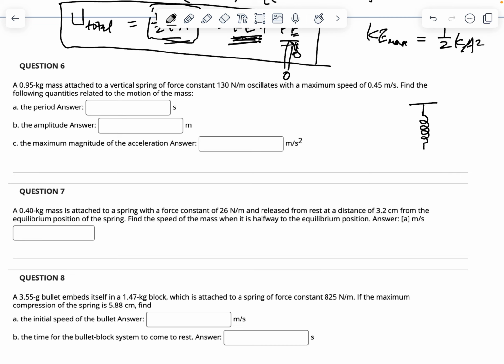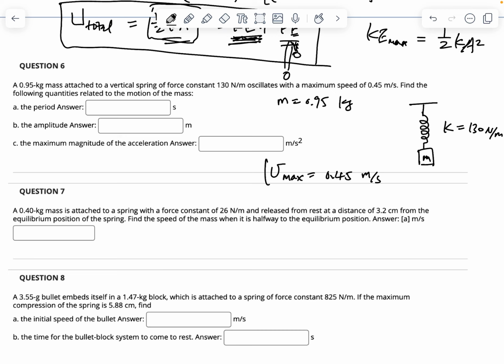The mass equals 0.95 kg, and the vertical spring has spring constant K equal to 130 Newton per meter. It oscillates with a maximum speed V maximum equal to 0.45 meter per second. Find the following quantities related to the motion of the mass.